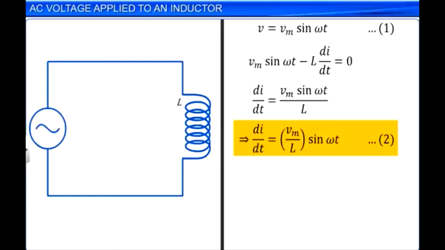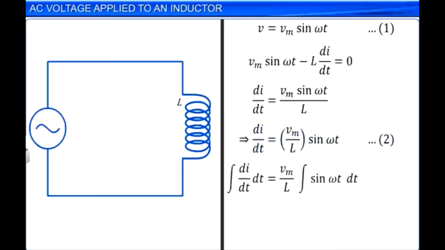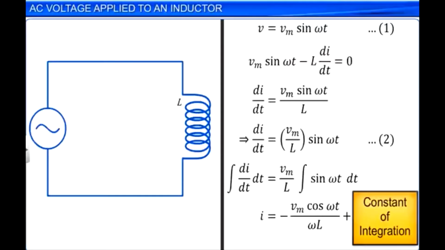Integrating equation 2 with respect to time, we get the value of the current in the circuit as I equal to minus Vm cos omega t by omega L plus the constant of integration. Let this be equation 3.